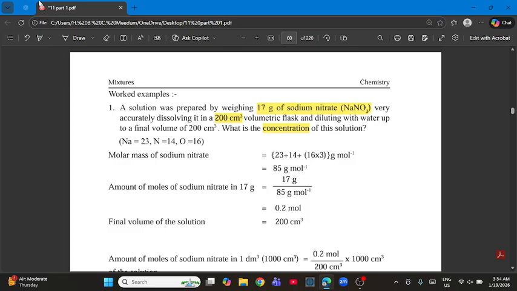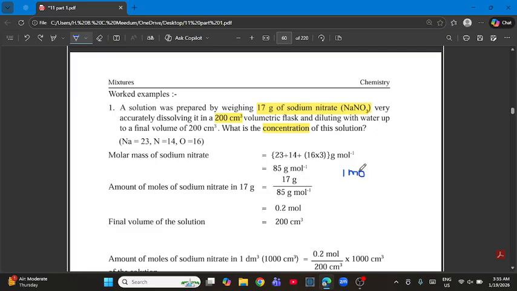Okay, we just write it like this. 1 mol is equal to 85 gram.